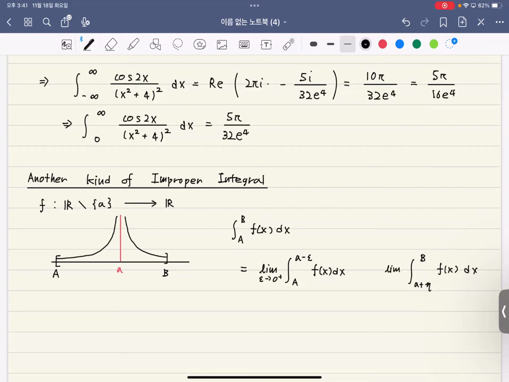So this improper integral is defined by these two, right?